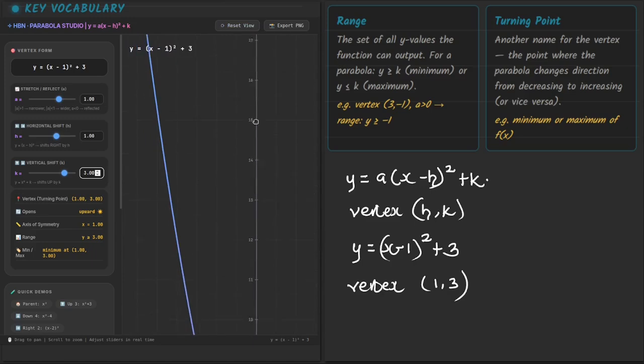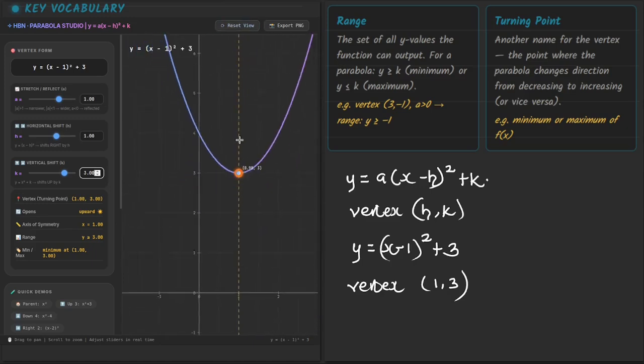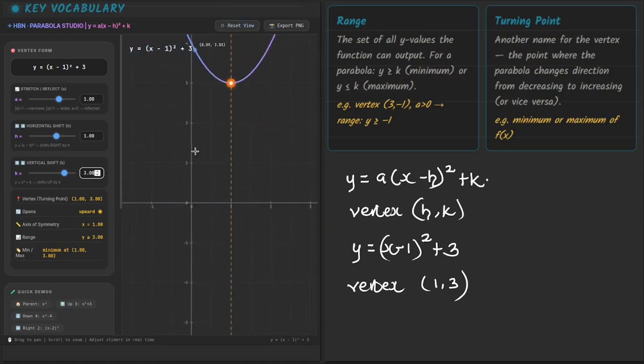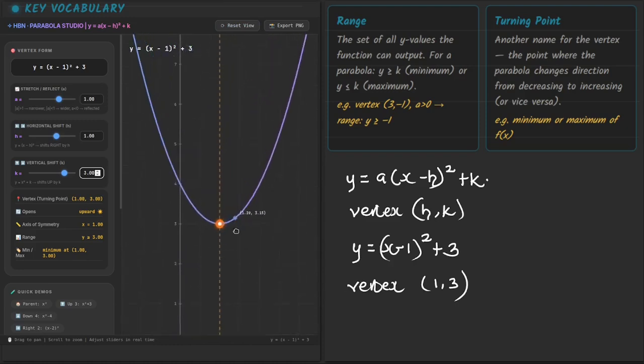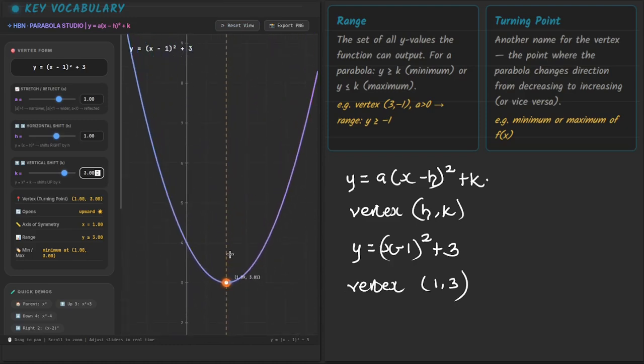Now, if I move down, you see the function ceases to continue down here. So it means the accepted value of y is simply any value from 3 upwards. So by looking at our function, we can say the range of y values is simply any value that is greater than or equal to 3.